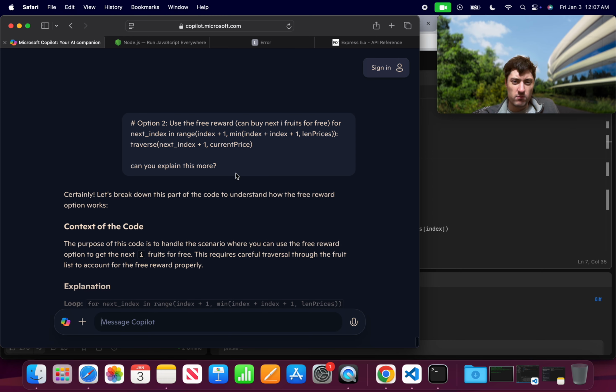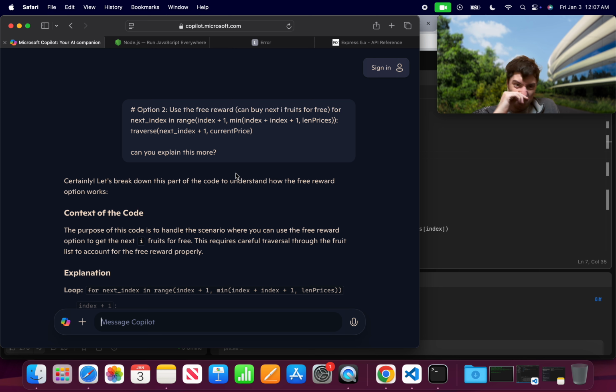So understand how the free reward works. The purpose of this code is to handle the scenario where you can use the free reward option to get the next i fruits for free. This requires careful traversal through the fruit list to account for the free reward properly. Wait, hold on a second.